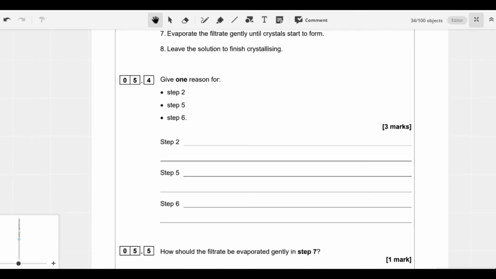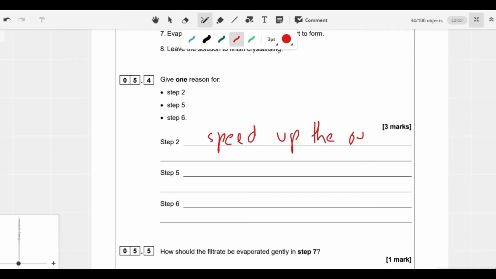Why step 2? Because warming is to speed up the reaction.